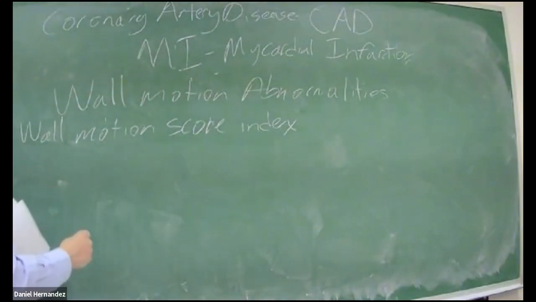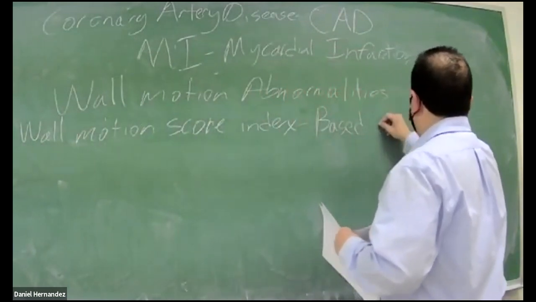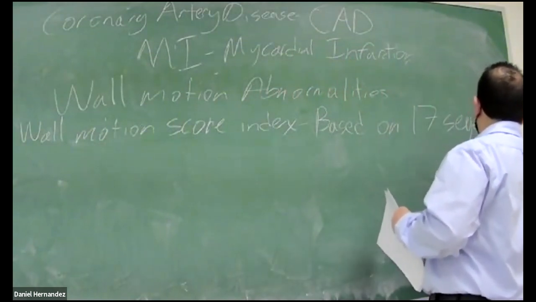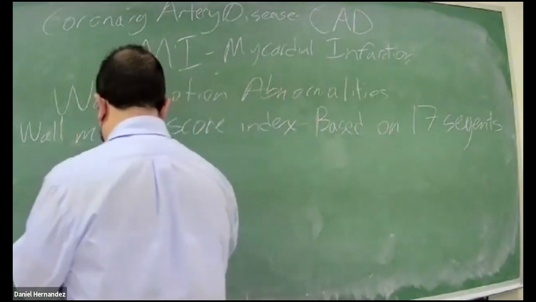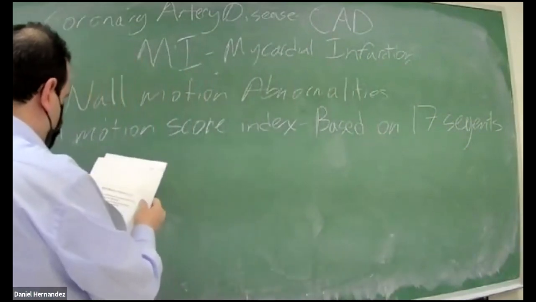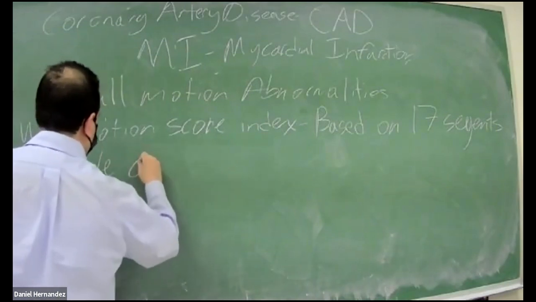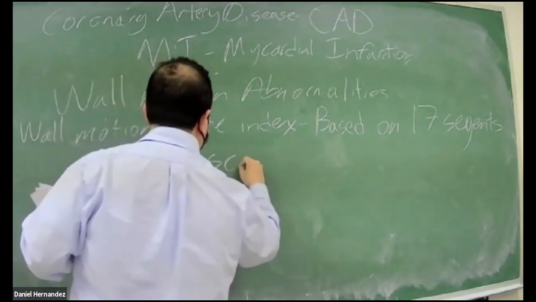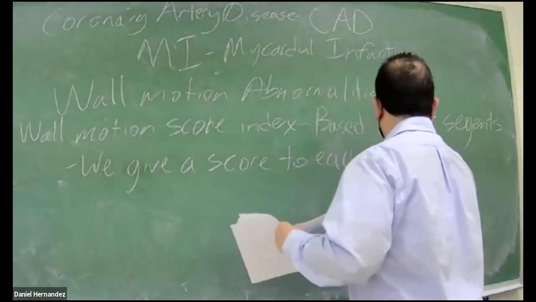So wall motion score index is based on 17 segments, and we give a score to each segment.